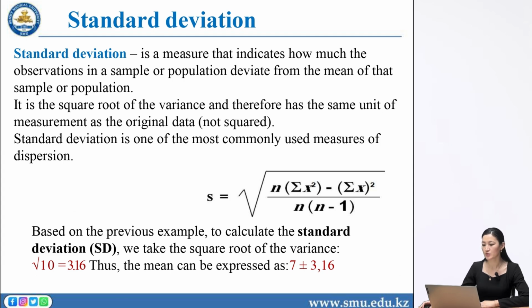Standard deviation is one of the most commonly used measures of dispersion. Based on the previous example, to calculate the standard deviation, we take the square root of the variance. Thus, the mean can be expressed as 7 plus or minus 3.16, because our standard deviation was 3.16. In articles, we will write like this.